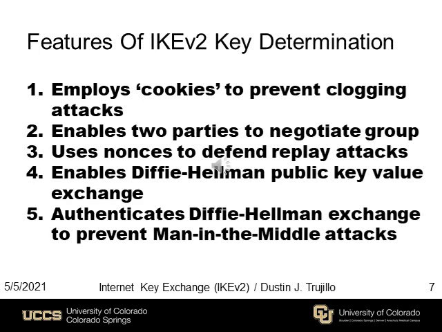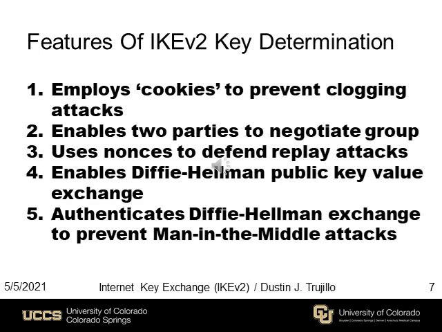This, in essence, specifies the global parameters of the Diffie-Hellman key exchange. Regarding the third, it uses nonces to ensure against replay attacks. And the fourth feature refers to enabling the exchange of Diffie-Hellman public key values, while the fifth one refers to authenticating the Diffie-Hellman exchange to thwart man-in-the-middle attacks.